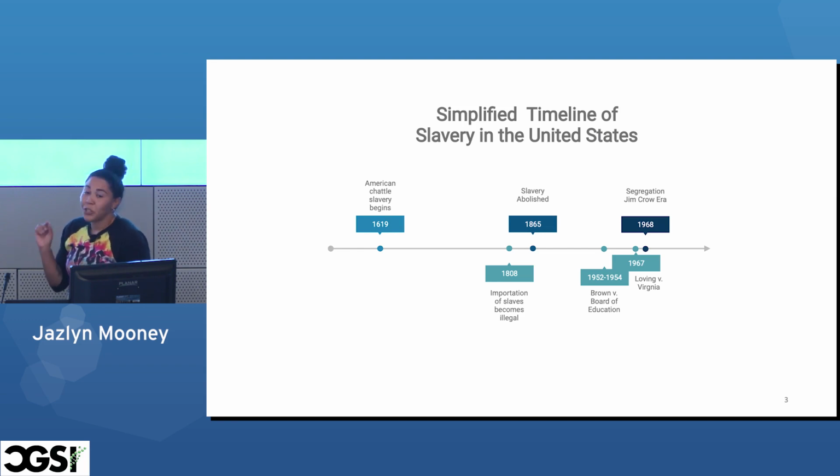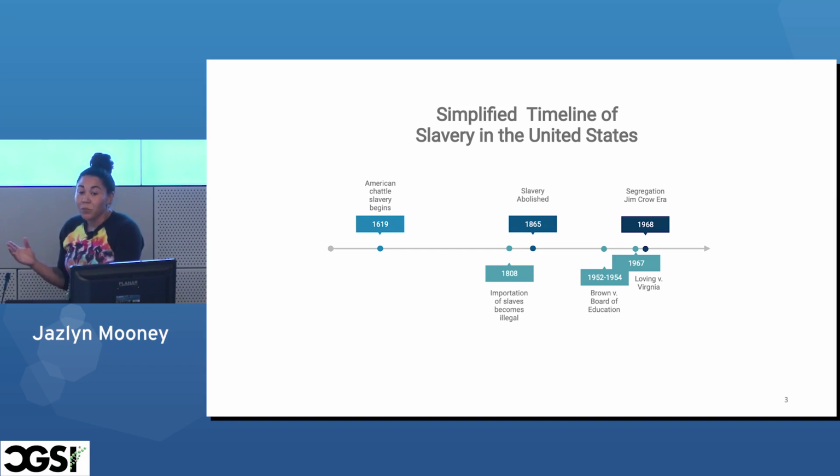And actually during that time period between 1808 and 1865, the last slave ship that we know of landed in the US in Mobile, Alabama. It's a ship called the Clotilda. That was in 1860. So actually one of the last people who was transported to the US on the Clotilda, she did not die until 1940.